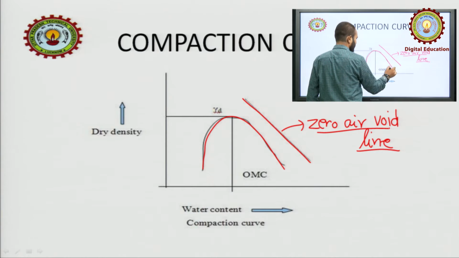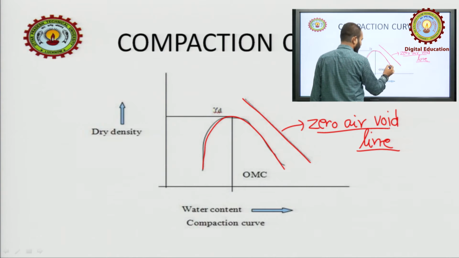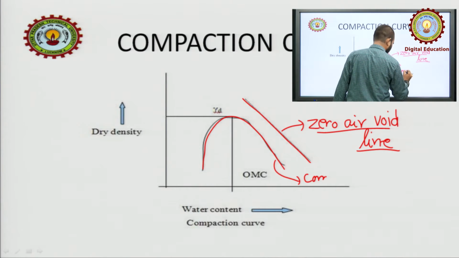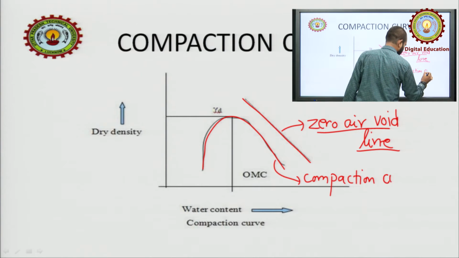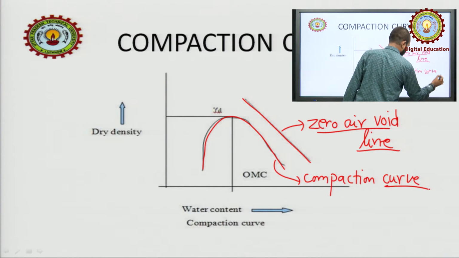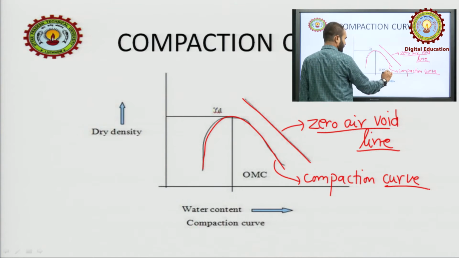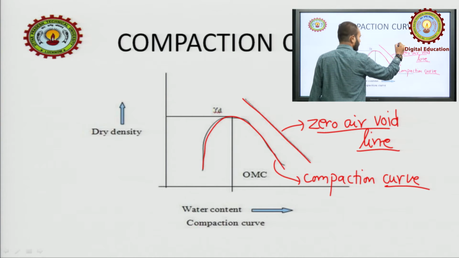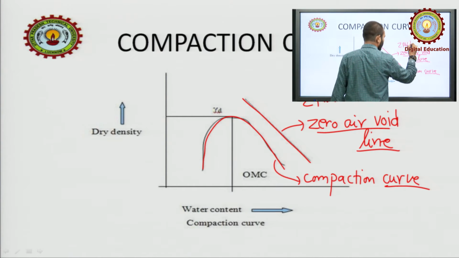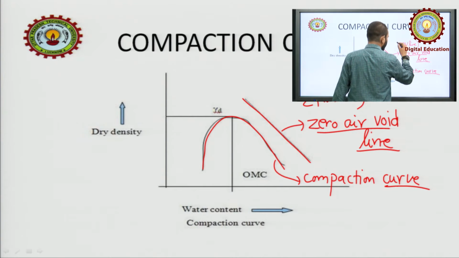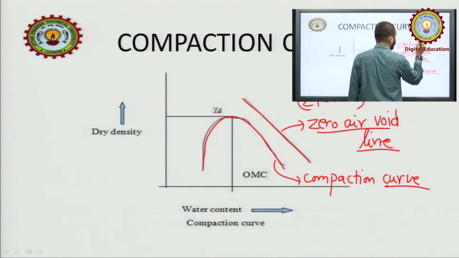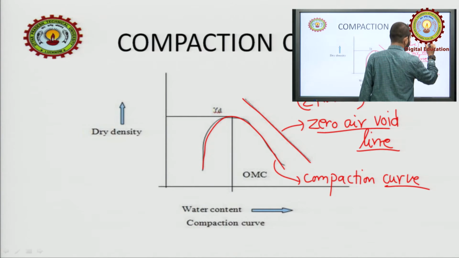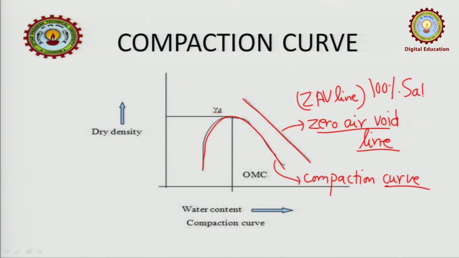And this is the general compaction curve which we were talking about. This is the compaction curve. This is the ZAV line. This is also called as ZAV line. Remember, this zero air void line is always equal to the 100% saturation line.